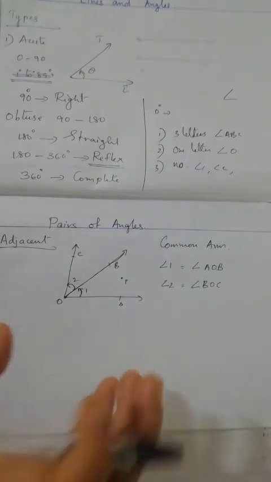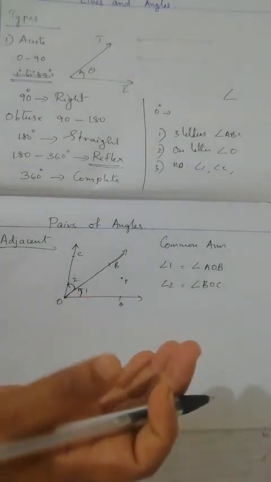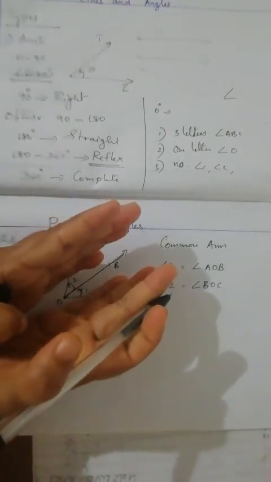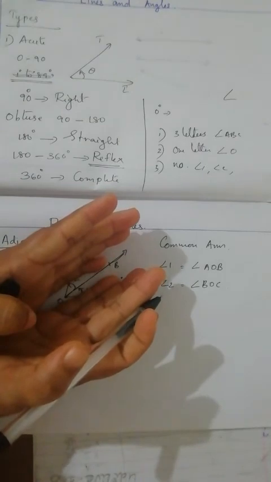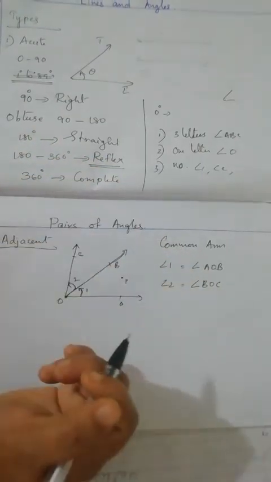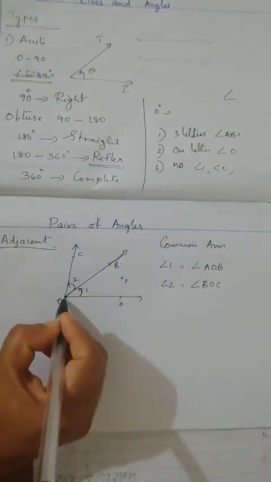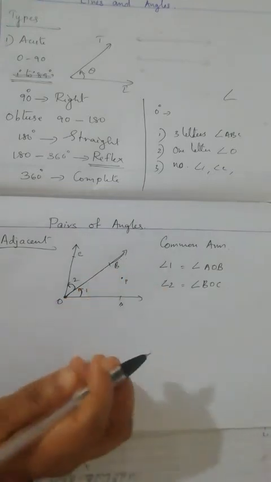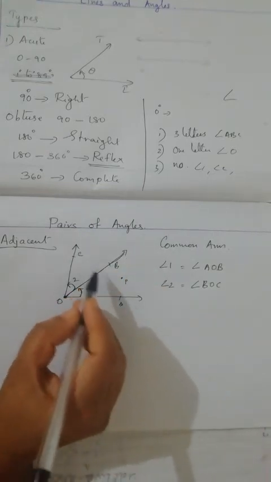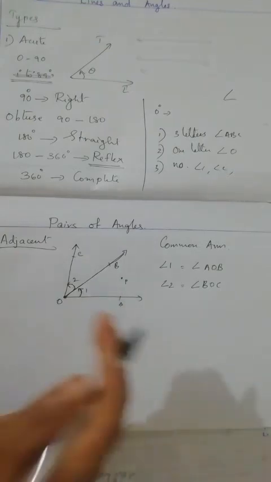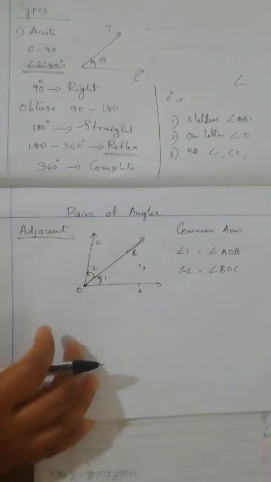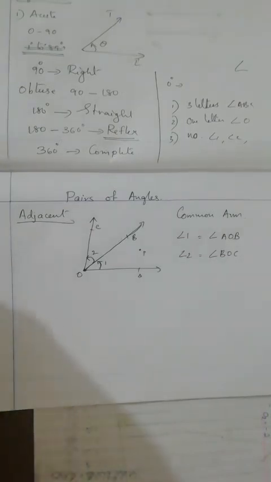These two angles are coming near, with no gap between them. They have a common vertex and a common arm, and no points are common between these two angles. These two types of angles we call adjacent angles.